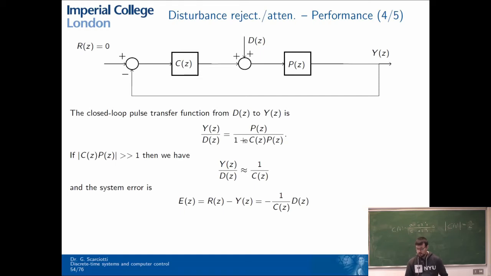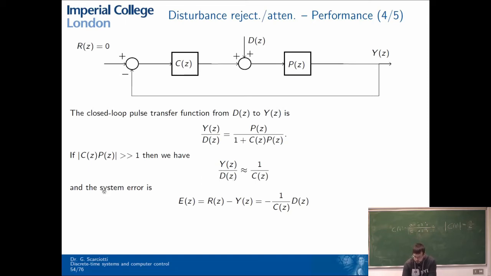Obviously, what we want is that the gain of the transfer function is as small as possible. So what we assume here is that this gain of C times P is very large. If that's the case, then 1 plus a very large gain is just the very large gain. The 1 doesn't play any role. And so then we can simplify P with P, and we get 1 over C of z as an approximation of the behavior of this transfer function here.